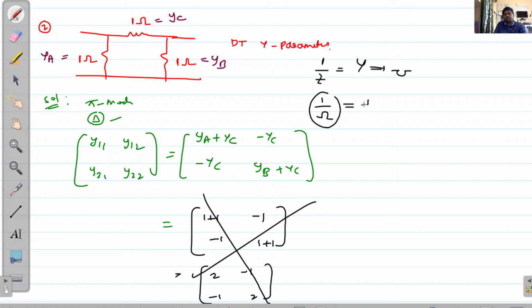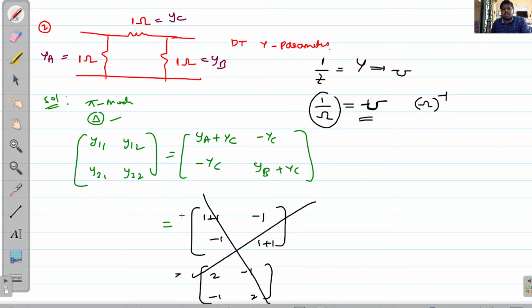Mhos only, right? 1 by resistance means conductance, and that is indicated in mhos. Otherwise you can indicate it with ohm inverse, that is also no problem. Ohm inverse means mhos only, right? So if it is in mhos, you can directly add, no problem.